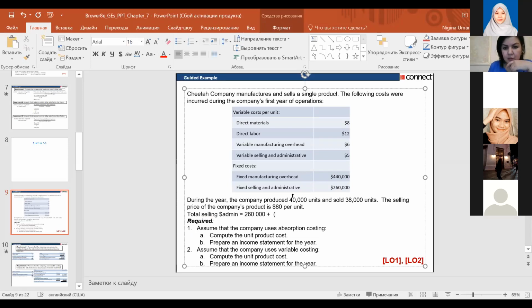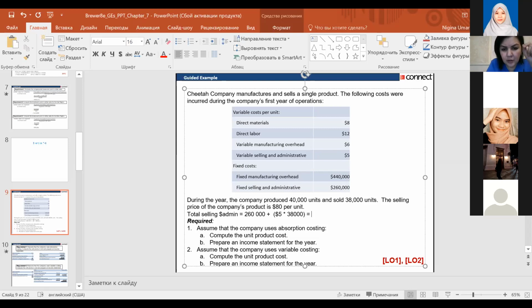So if variable is $5 per unit, I multiply $5 by the number of units sold. So how much is total?